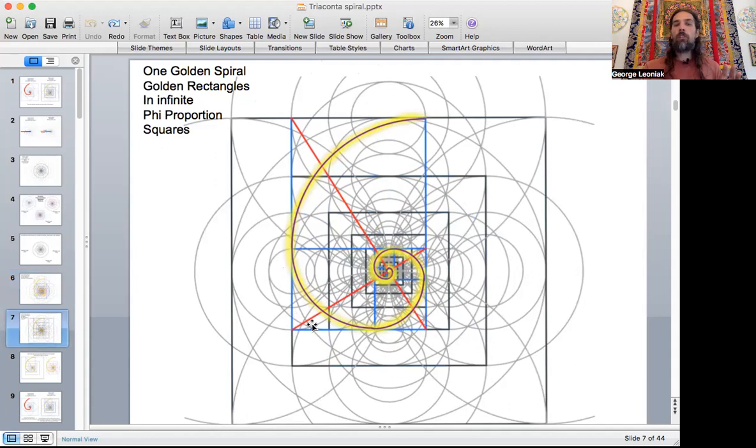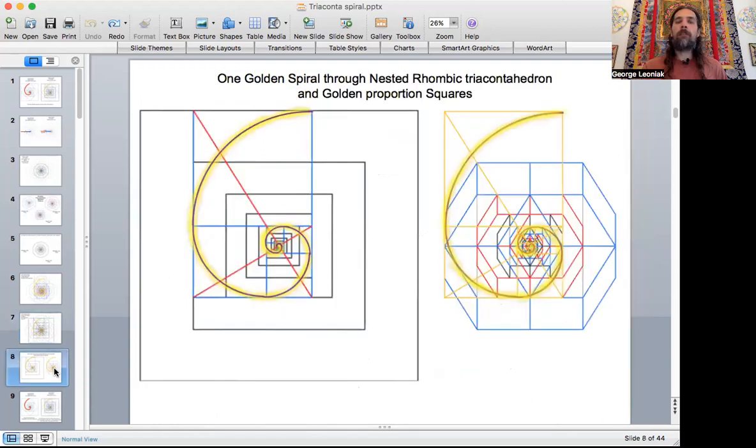So if you were to just look at a golden rectangle, you see that it always shows up at the same point on these squares. And I'm able to actually draw this even if I took out all these squares, because I know where the connecting points are on the circles themselves. So the circles themselves will give us the spiral. The squares just make it a little bit more obvious and easier for us to see.